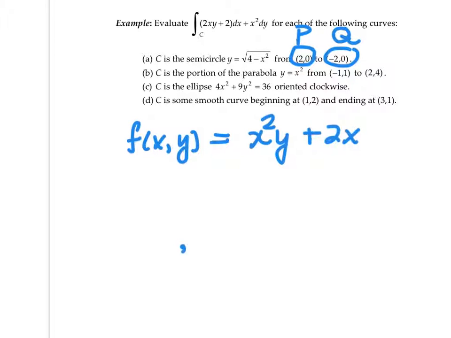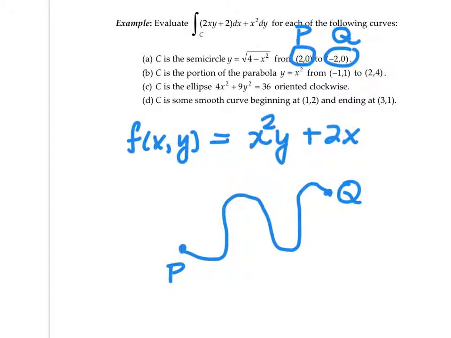The point is, when you're integrating a vector field which is conservative over a curve beginning at some point P and ending at some point Q, it doesn't matter how the curve actually gets from point P to point Q. It could take a straight line path, it could wander around a bit. The value of the integral simply depends on the value of the potential function at the end point and the beginning point.